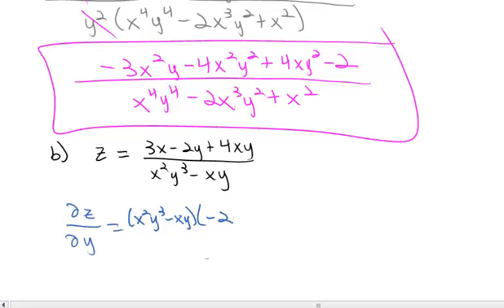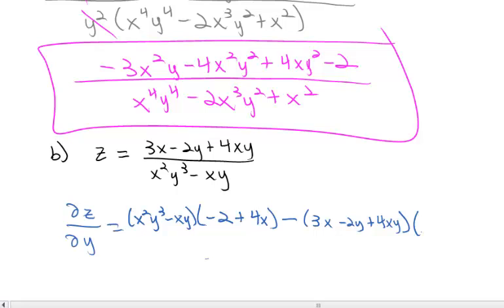Then we've got negative 2 plus the derivative of 4xy, treating the x like a constant, is 4x, minus high, the top stuff, 3x minus 2y plus 4xy.